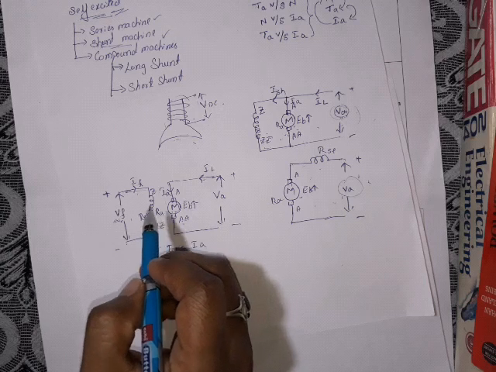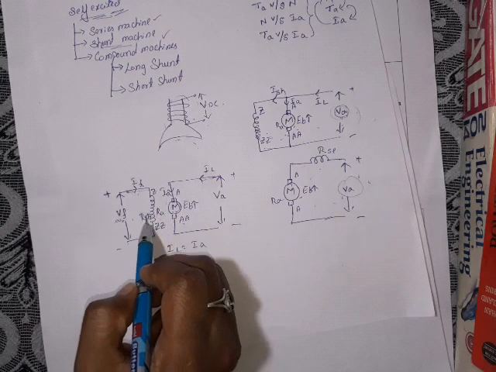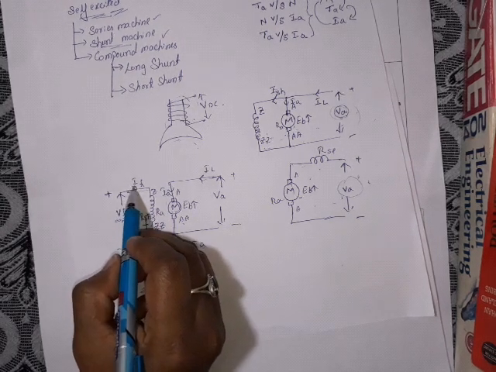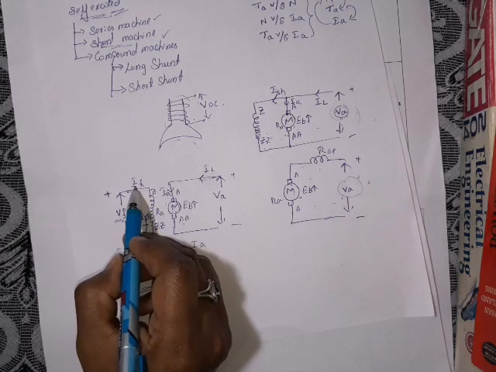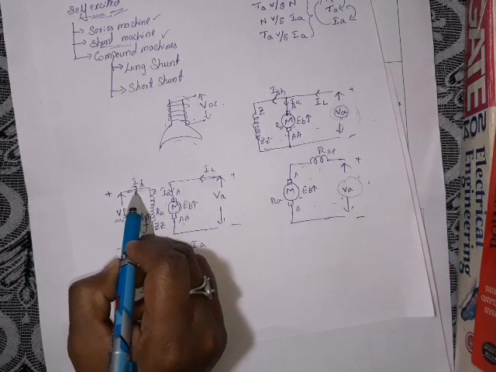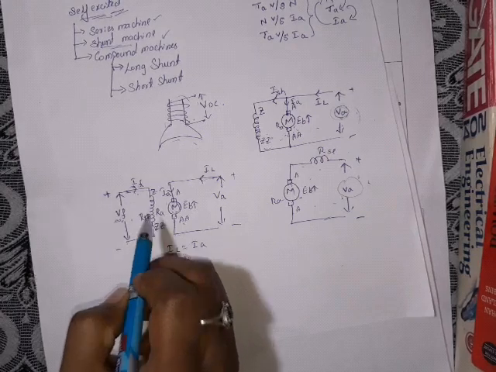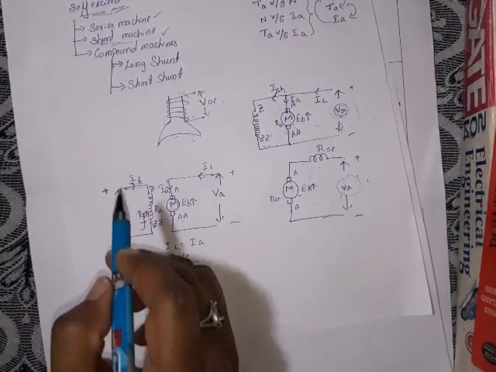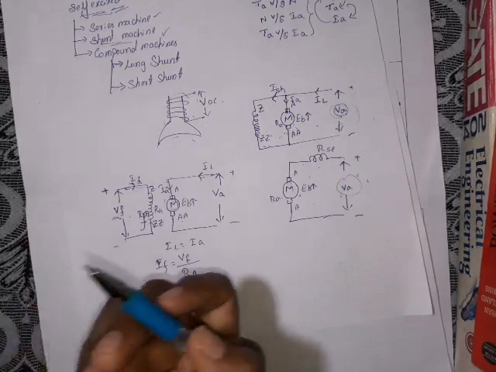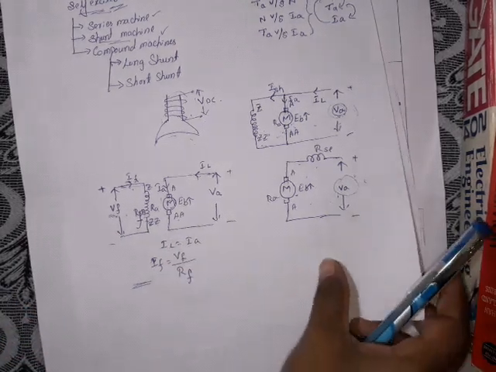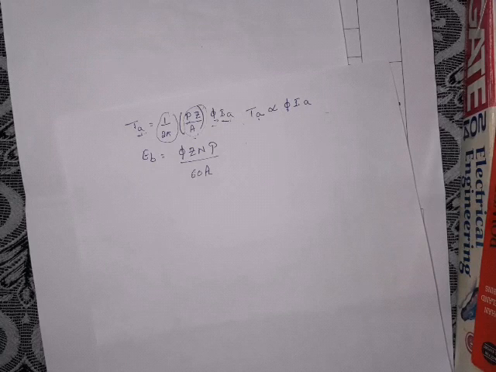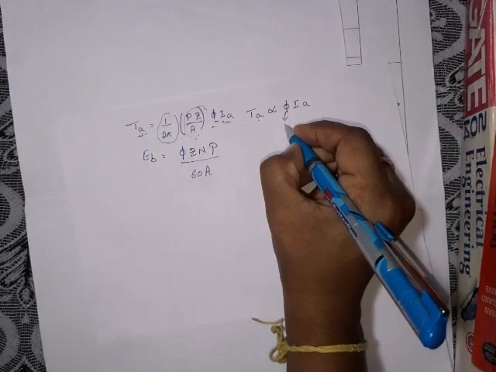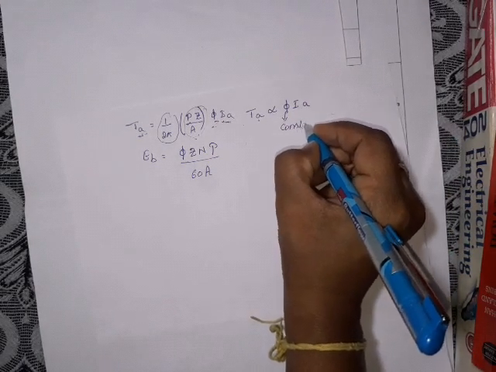So when we don't disturb anything in the field winding, this IF current will not change. Whatever it takes initially, the same current it will take until you switch off the motor. When this IF remains constant, what happens to the flux? Flux is also constant. In case of a separately excited DC machine, this flux is constant.